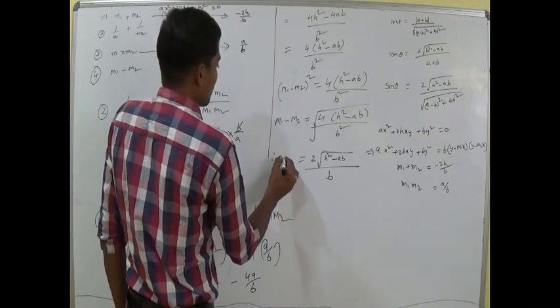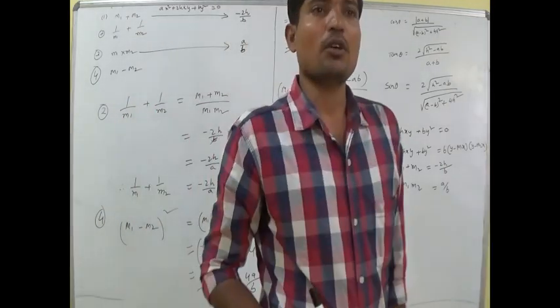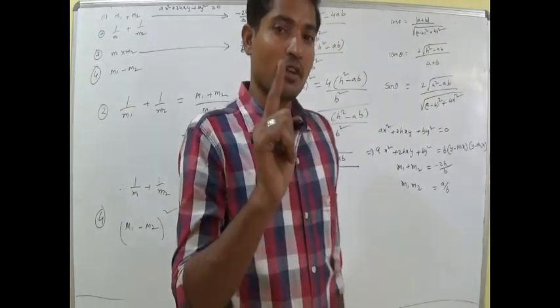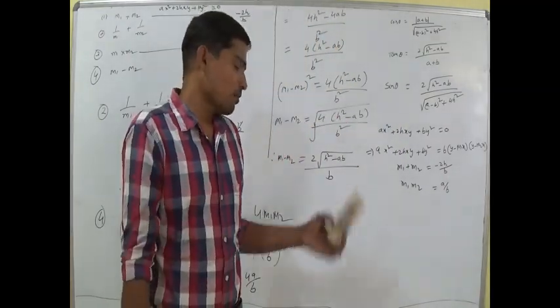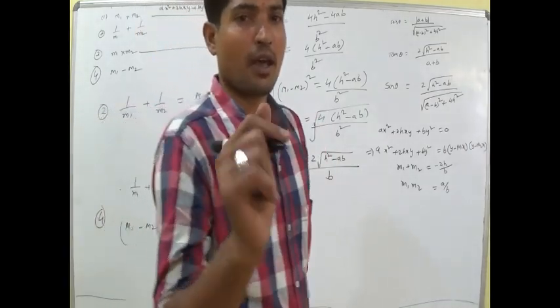Therefore m1 minus m2 equals 2 square root of (h square minus ab) by b. That is the value of m1 minus m2.